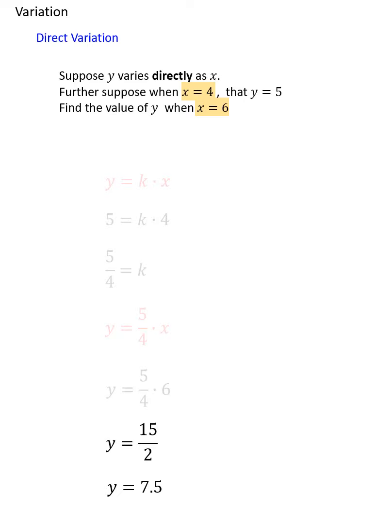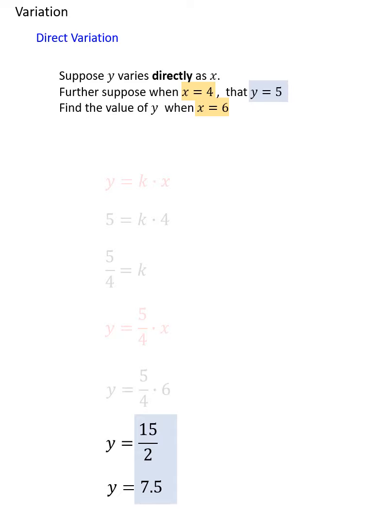If this is not the way that your brain works, then don't use this method, whatever you do. But if you do understand that x increased by a factor of 1.5, then it's safe to assume that y would also increase by a factor of 1.5. That's the very definition of direct variation.